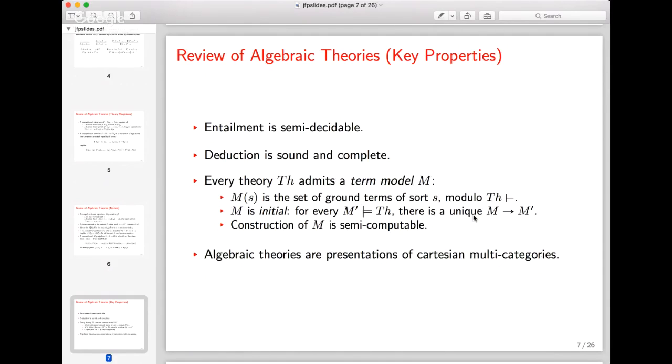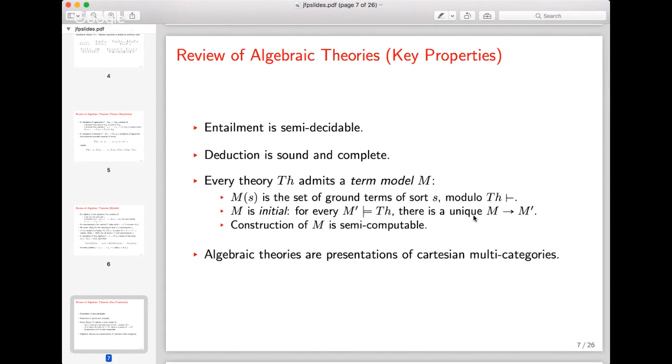So you take this term model, and if you have another model, there will always be a unique morphism from the term model to the other model. And we'll be seeing a lot of examples of that here in just a minute. And fortunately for us, building these term models is also semi-computable, which means that if a theory has a finite term model, then given enough time, we can build it.